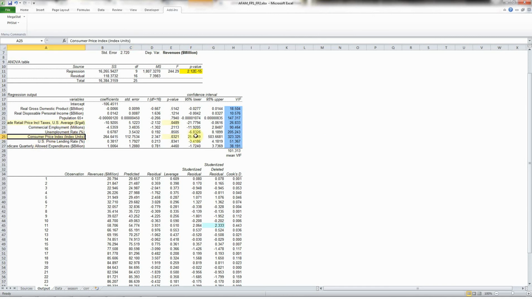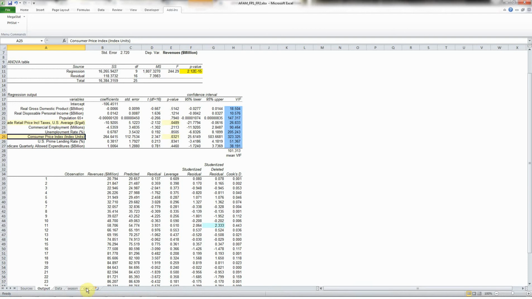I see the consumer price index is the highest, and Megastat makes these things yellow. It's giving you the two things it thinks might be problematic. But we're just going to take a look at the very first highest VIF one, consumer price index, and see what happens if we drop that.